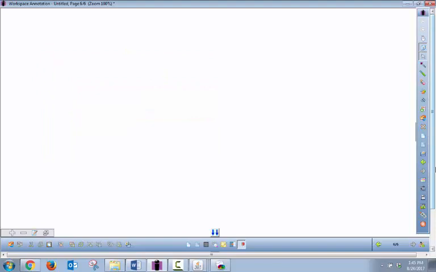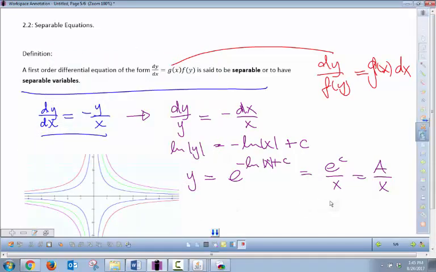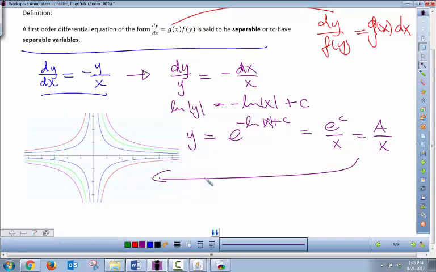Okay. Sorry, I'm trying to work on making these kind of neat notes. So what we have here is a family of curves, or solution in one parameter.